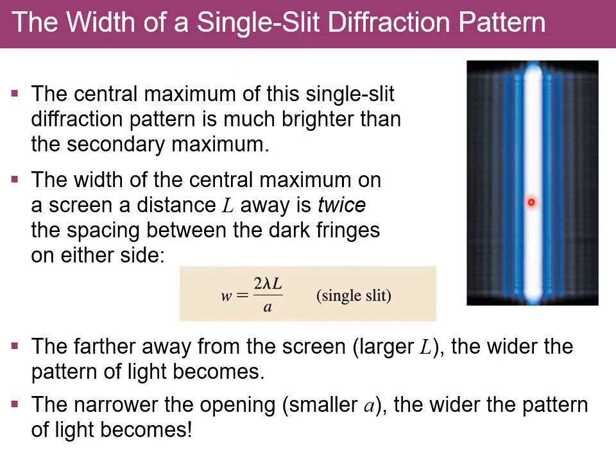The central maximum of this single slit diffraction pattern is much brighter than the secondary maxima. The width of the central maximum on a screen a distance L away is twice the spacing between the dark fringes on either side, or W equals 2λL over a for a single slit.